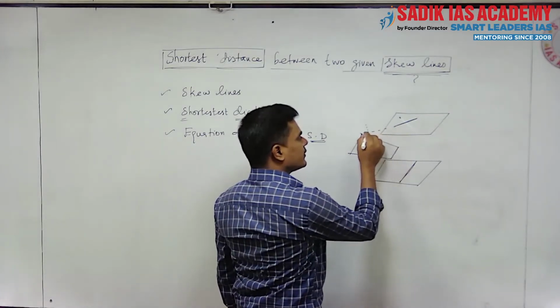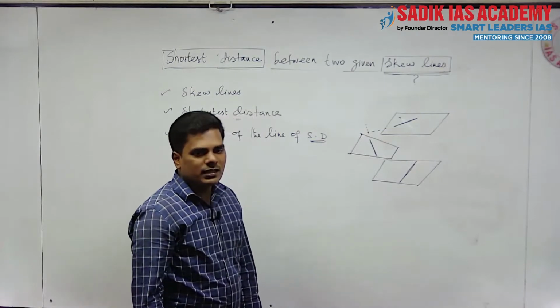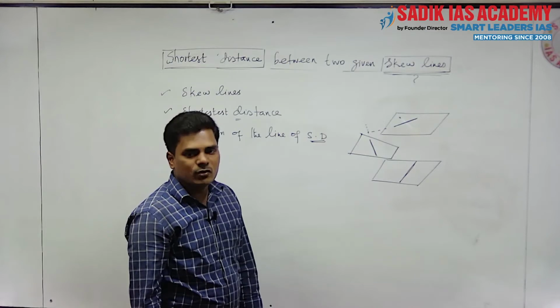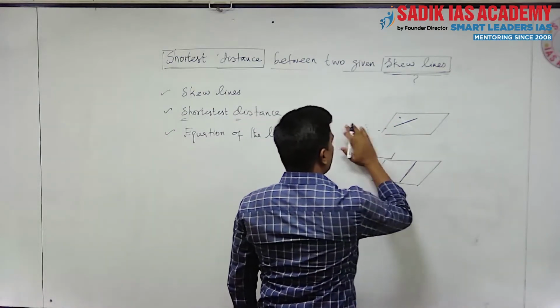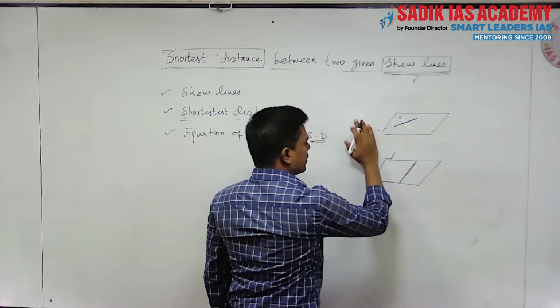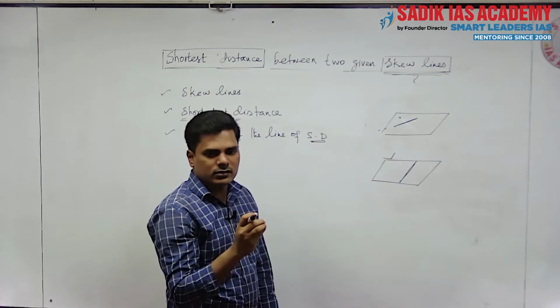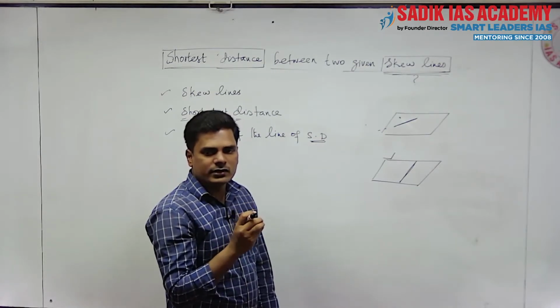Here this might extend, and it will intersect. They will become intersecting lines. If they are intersecting lines, they are not going to form skew lines. So, skew lines mean non-intersecting lines, and they lie in two different planes, not in a single plane.